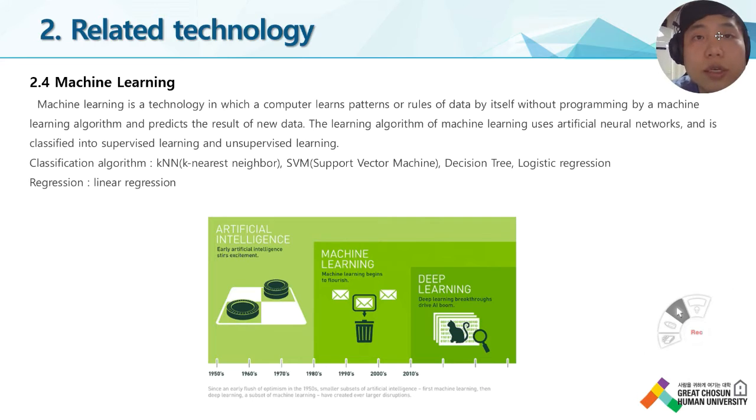Machine learning is a technique in which a computer learns patterns or rules of data by a machine learning algorithm on its own without programming and predicts outcomes for new data. Learning algorithms in machine learning utilize artificial neural networks and are typically classified as supervised and unsupervised learning.